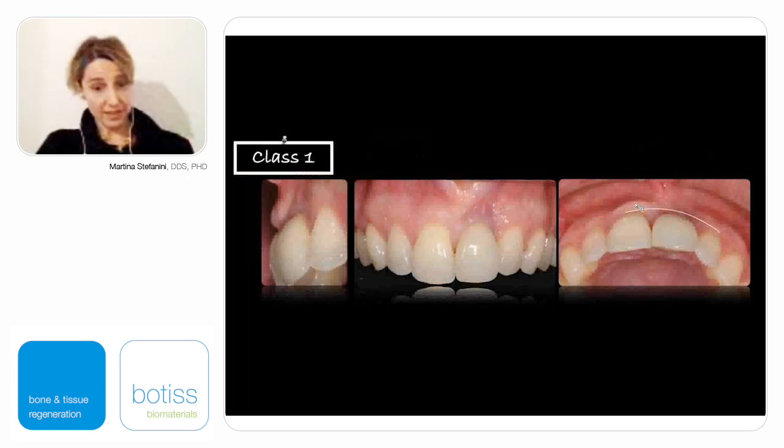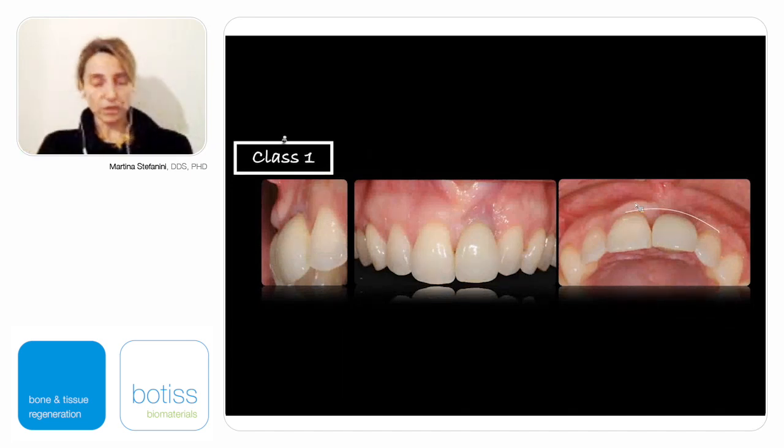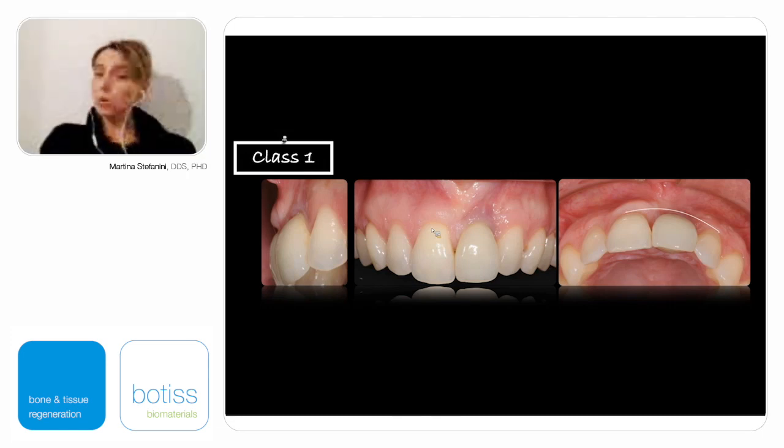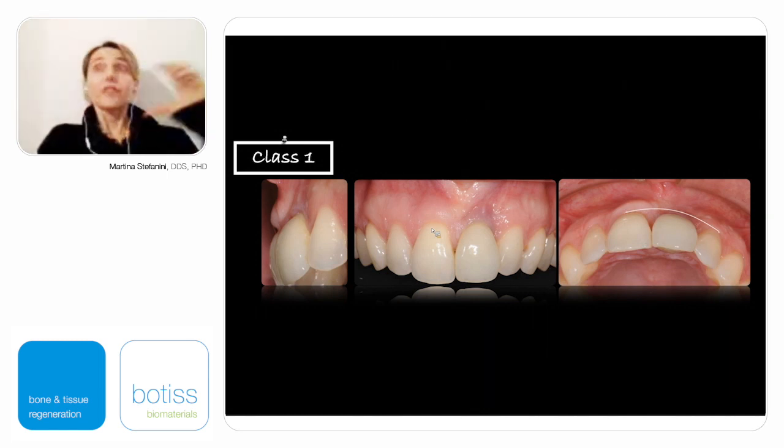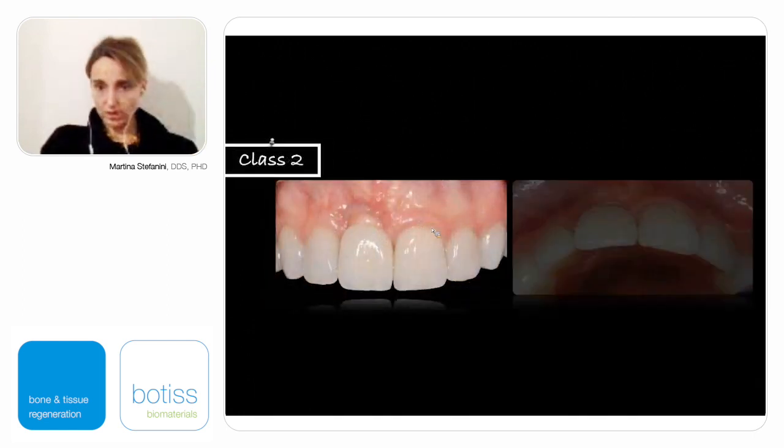In the first class, we don't have a real soft tissue dehiscence, meaning that at the level of the implant-supported crown, the gingival margin is in the ideal aesthetic position, at the same level of the homologous lateral or contralateral tooth. But if you look at the occlusal aspect, you can see that there is no deficiency in apicocoronal dimension, but there is a buccolingual deficiency.